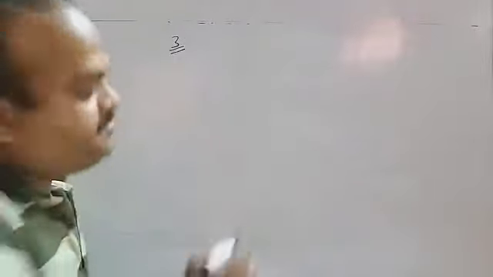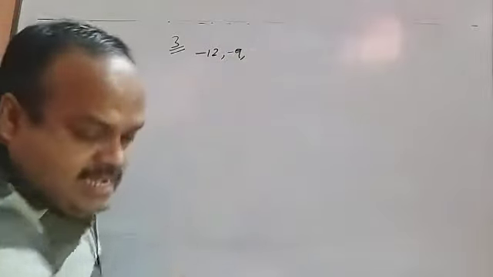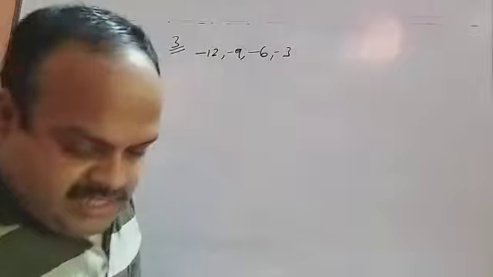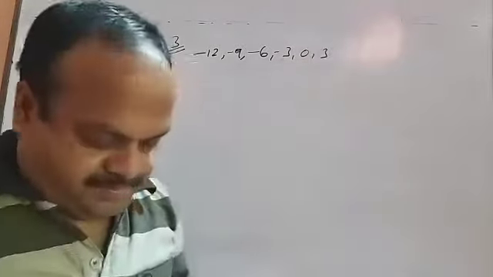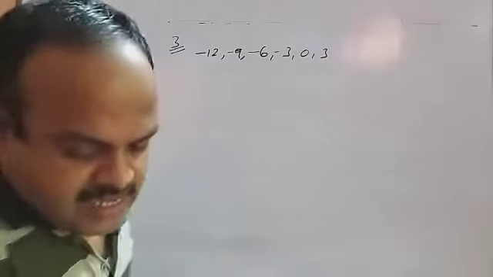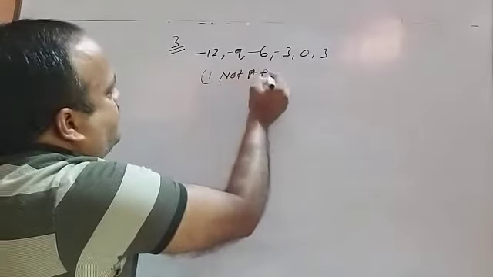The first one: minus 12, minus 9, minus 6, minus 3, 0, 3. We have many options. First, not an AP.